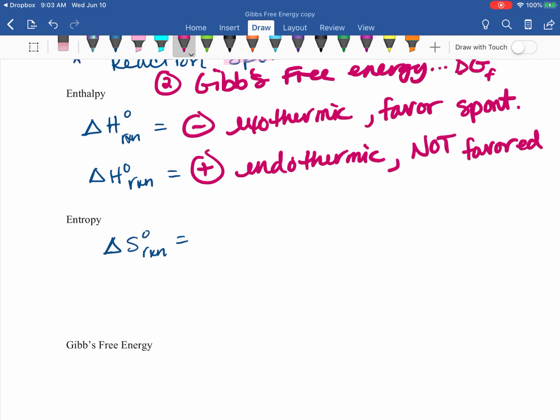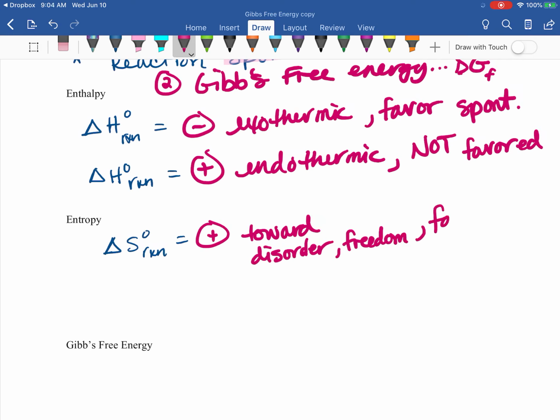If our entropy goes toward more randomness or more disorder, more freedom, that is favored in the universe. Remember, it's almost the opposite. So when you've got something like an ice cube going from a nice rigid solid to a more free puddle of water, that is favored. That is going towards disorder.